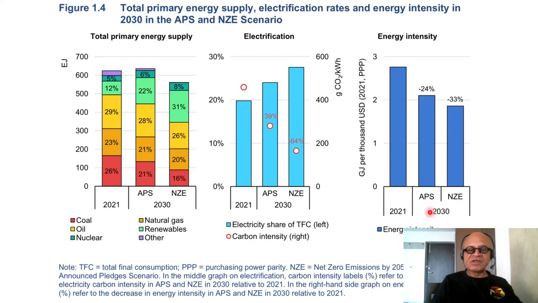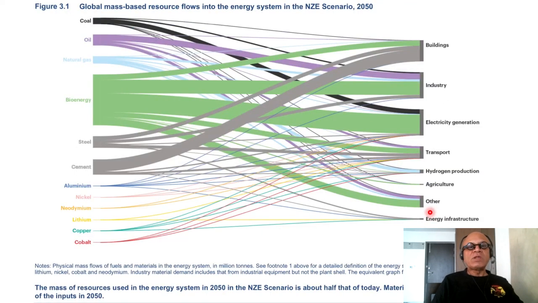Okay. Global mass-based resource flows into energy systems in the net zero emission scenario 2050. You have again coal, oil, natural gas, bioenergy, steel, cement, aluminum, nickel, neodymium, lithium, copper, and cobalt. So when we go into the future, these things are essentially technological promises which have to materialize.